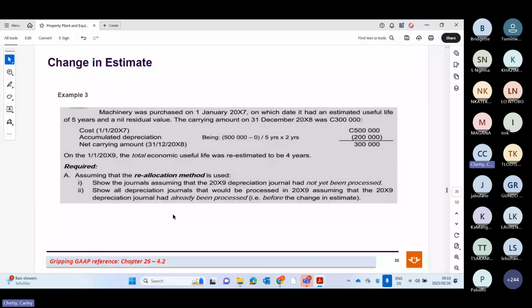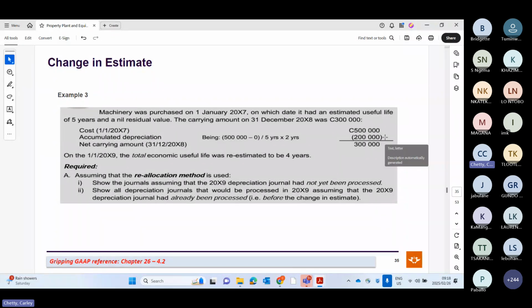So if the accountant had processed the journal based on the previous estimate, it would have continued to depreciate the assets at 100,000 Rand per year. So the accountant would have processed the journal by debiting depreciation with 100,000, crediting machinery accumulated depreciation with 100,000.